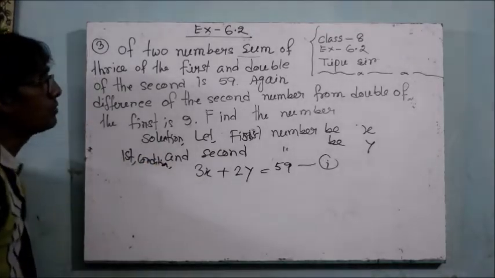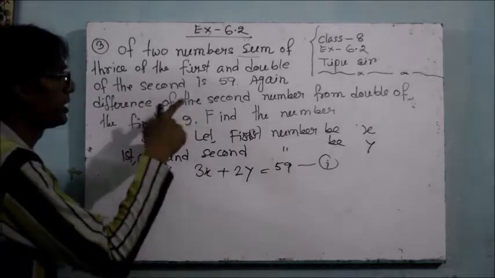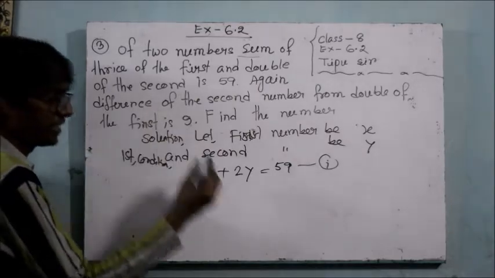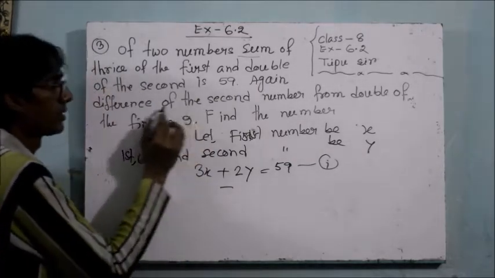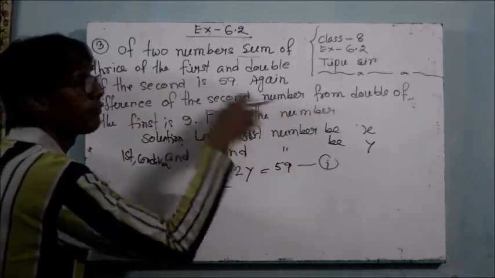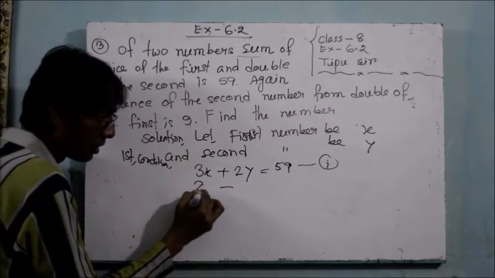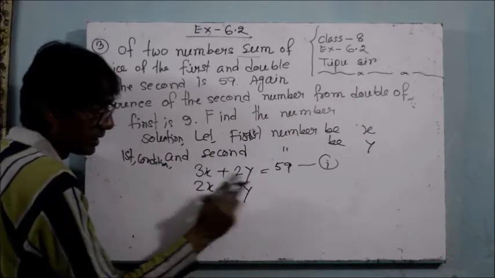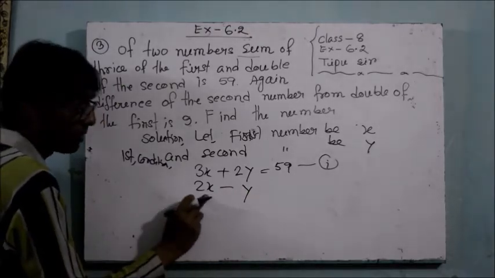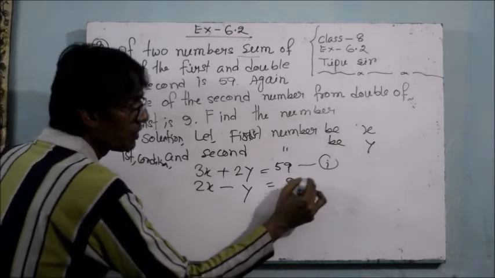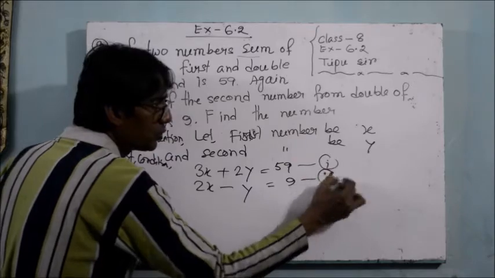Okay, now look at the second condition: difference, that means minus of the second number from double of the first number. The difference of the second number from double of the first number is equal to 9. So this is equation number 2.